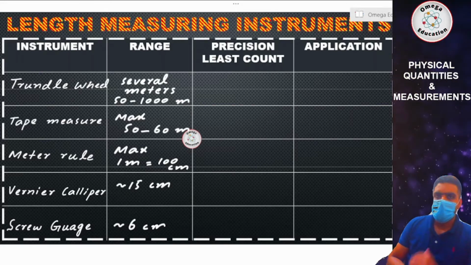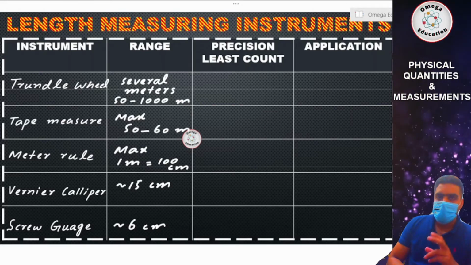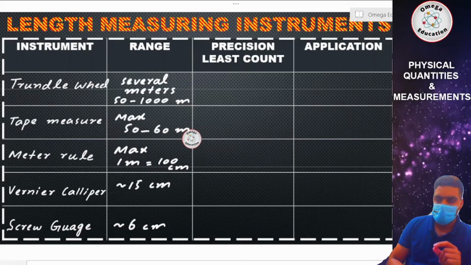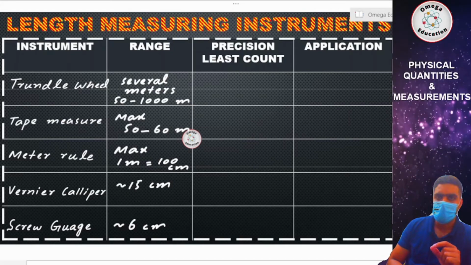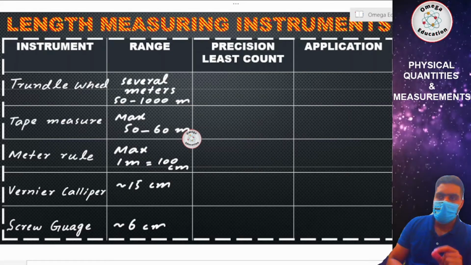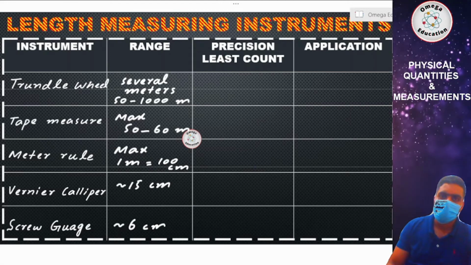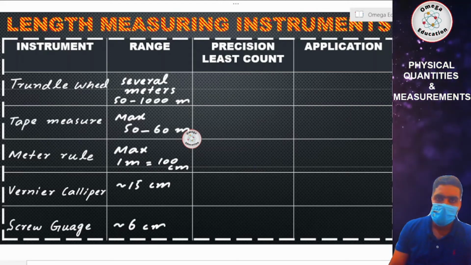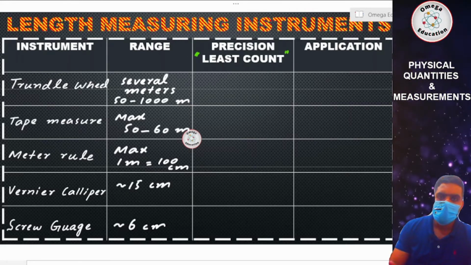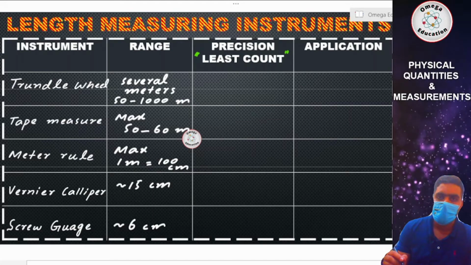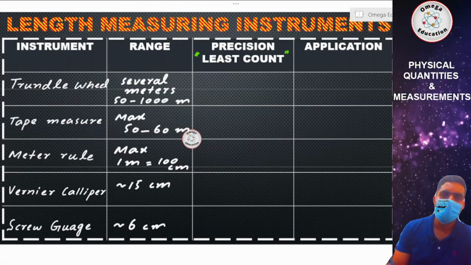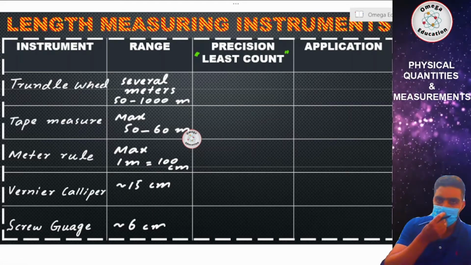And high precision means it can measure very small objects, with very high accuracy. And this word least count here is very important. Least count is the smallest reading that can be measured accurately with an instrument.